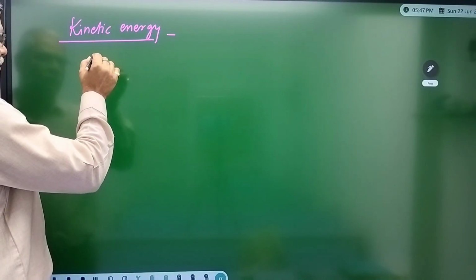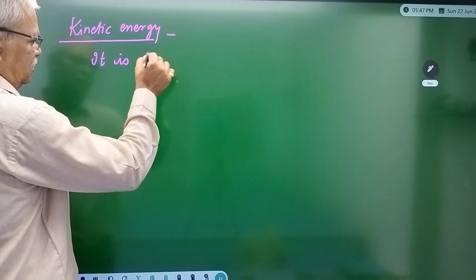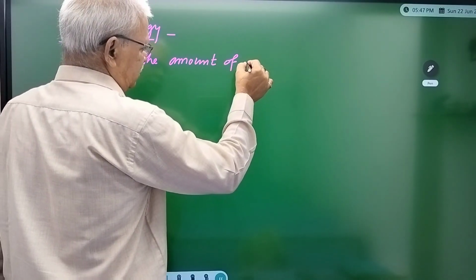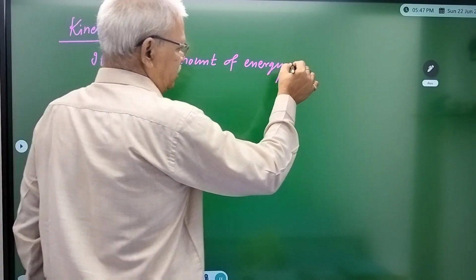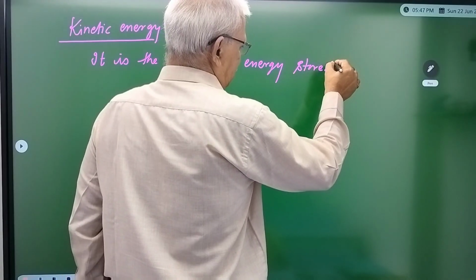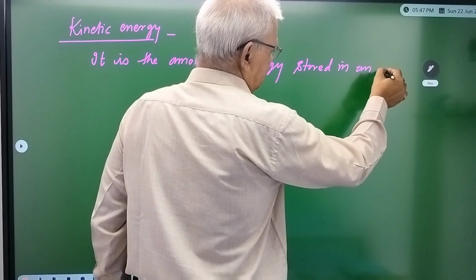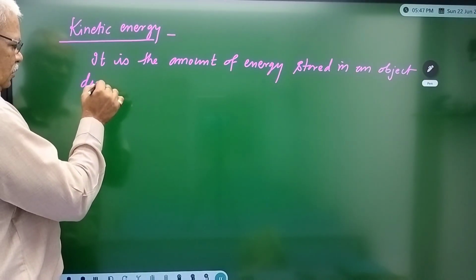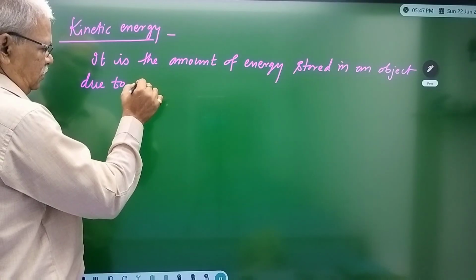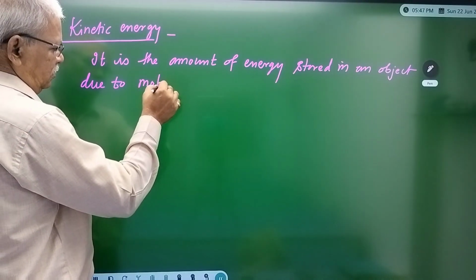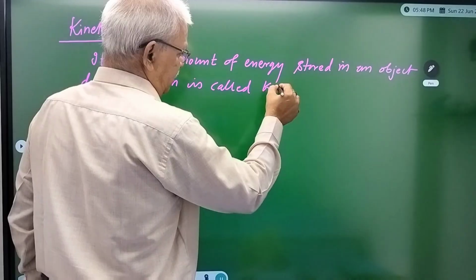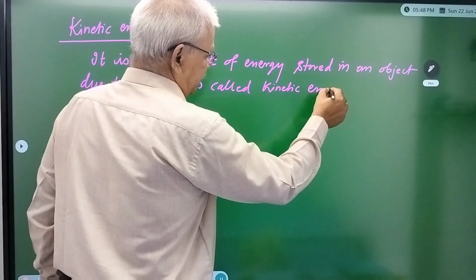Here we are going to write. Now see, it is the amount of energy stored in an object due to motion is called kinetic energy.